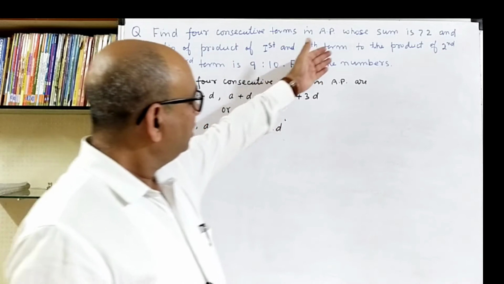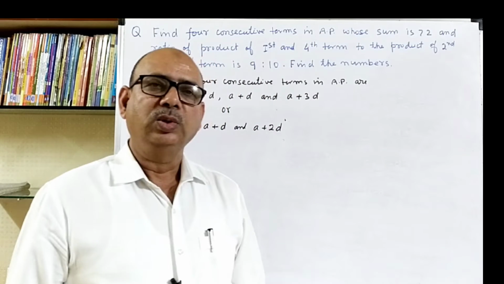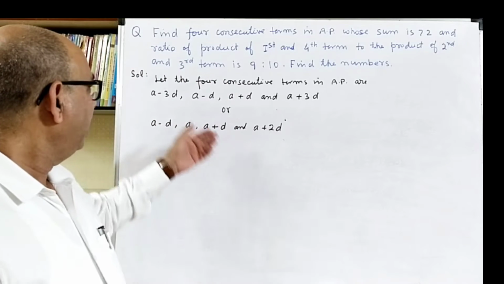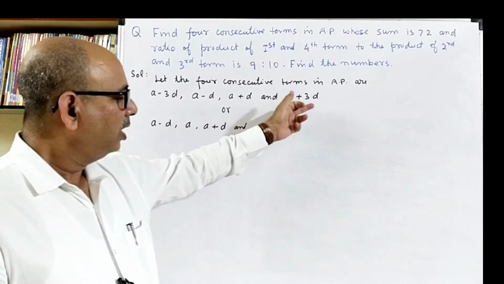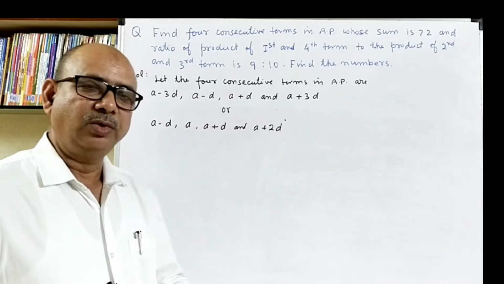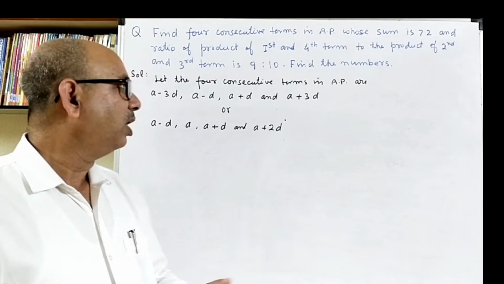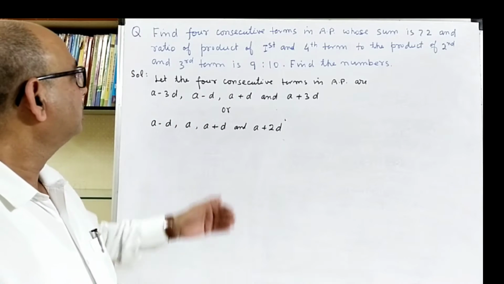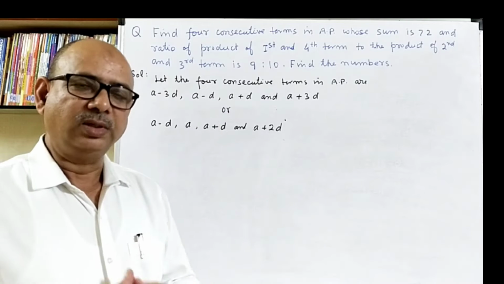Because here condition is sum is 72, that means we need to add the 4 terms. When we will add the first one, minus 3d and plus 3d will be cancelled out. Similarly, minus d and plus d will be cancelled out and we will get the value of a from here. And we will use the second conditions to get the value of d.